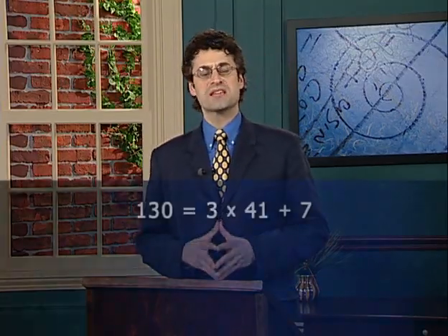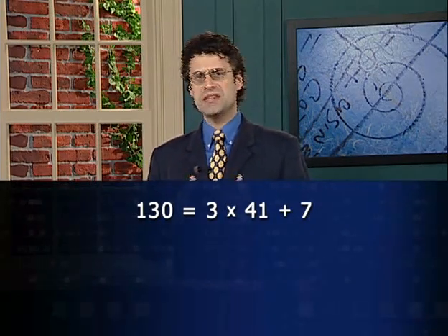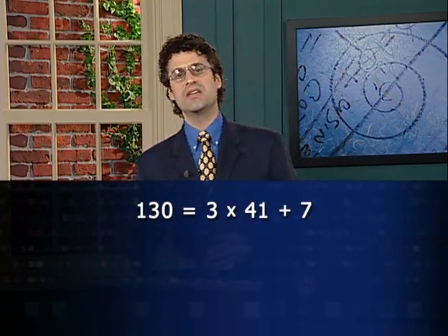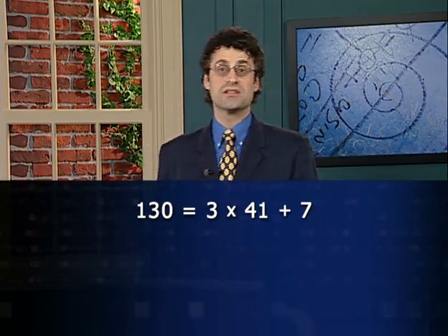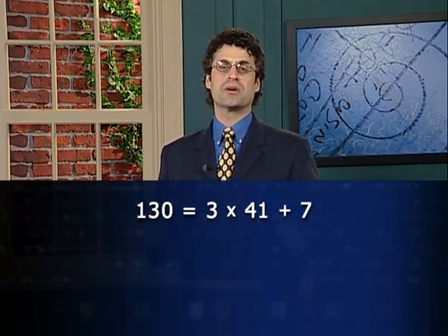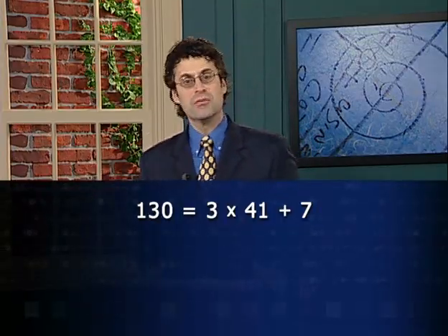So applying the Euclidean algorithm, what we see is 130 equals, well, in this case, it's 3 times 41 with the remainder of 7. So we see 130 equals 3 times 41 plus 7. And then, just like those late night talk shows where, when new guests come out, the other guests slide down the couch, we do the same thing here.